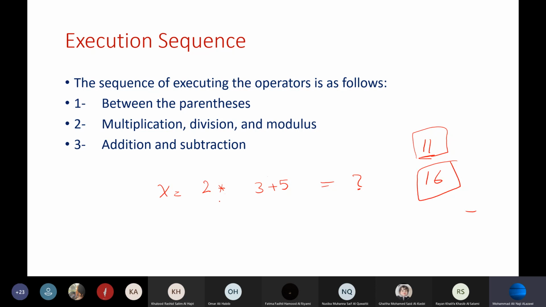But here we have rules and regulations, which shows that the execution should start with the operation between the parentheses. Then I apply the multiplication, the division, and modulus, then addition. So the execution will be first 2 times 3, which is 6 plus 5, because I execute the multiplication first. This equals 11. So 11 is correct and not 16.